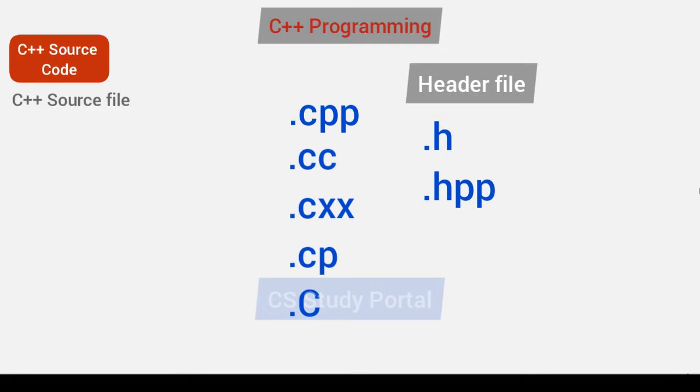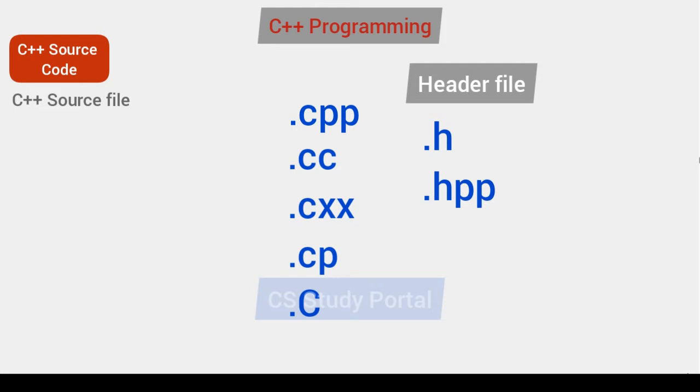The files with the .h or .hpp extension will also contain C++ source code, but there is a slight difference between the file with the .cpp extension and the file with the .h or .hpp extension, and we will talk about that in a moment. But the .h extension is the header file extension in the C programming language, and some people use that same extension for the C++ header file also.